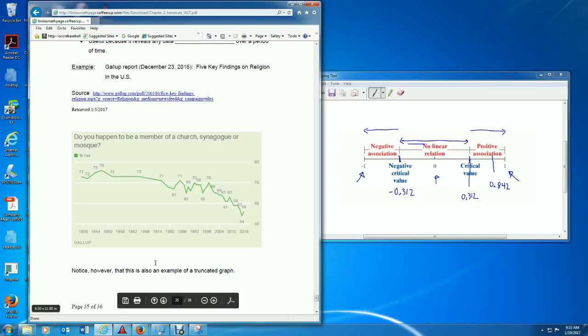I did notice, however, that this is a perfect example of a truncated graph because they started their y-axis at 50%. Really, they should have started it at 0%. By doing it this way, it makes the drop look much more dramatic, right?